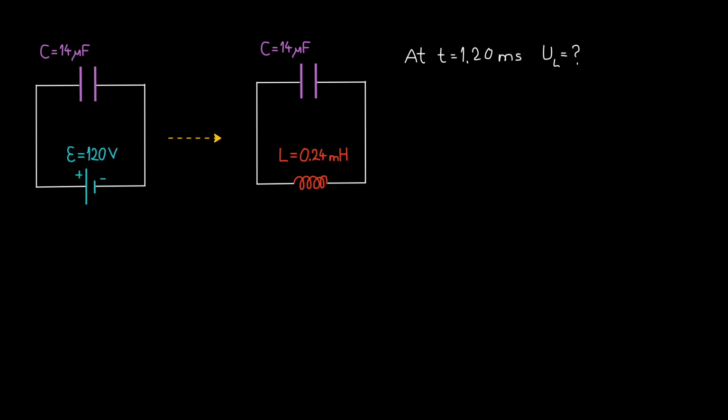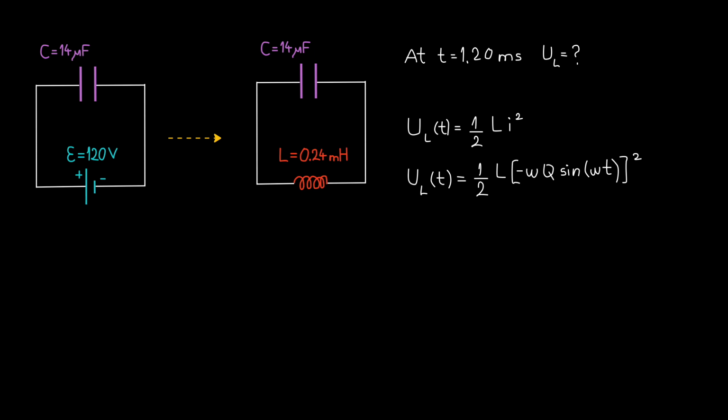Finally, let's calculate the energy stored in the inductor at t equals 1.20 milliseconds. The energy stored in the inductor as a function of time is equal to 1/2 Li squared, where we're using lowercase i for the current because current changes with time.